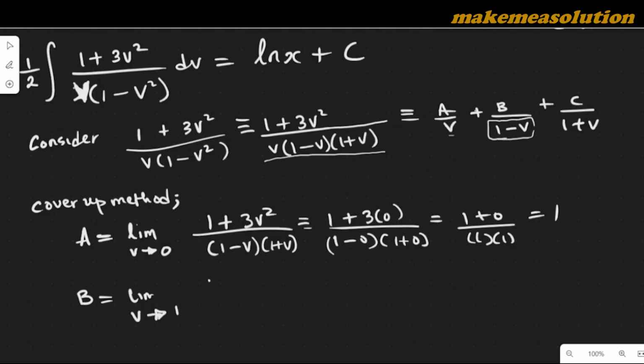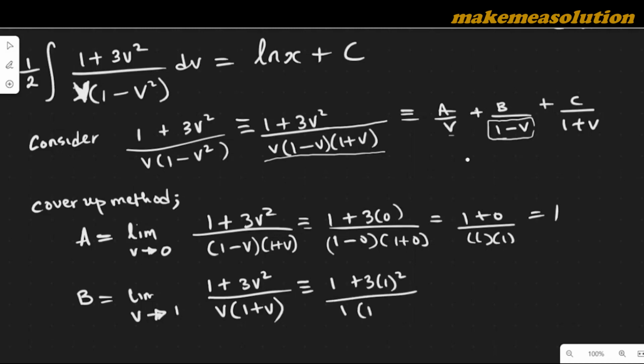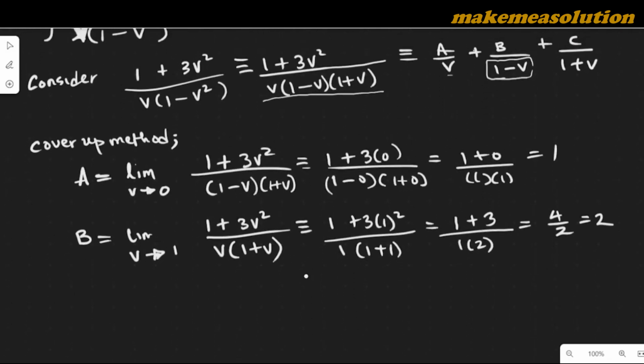Okay, so when I'm writing the original fraction, I'm going to skip the linear factor under B, so it will just be the one for A and the one for C. So I'll have (1 plus 3 times 1 squared) all over 1 times (1 plus 1). So this is (1 plus 3) all over 1 times 2, which is 4 over 2, which is 2. Okay, I hope that was straightforward.